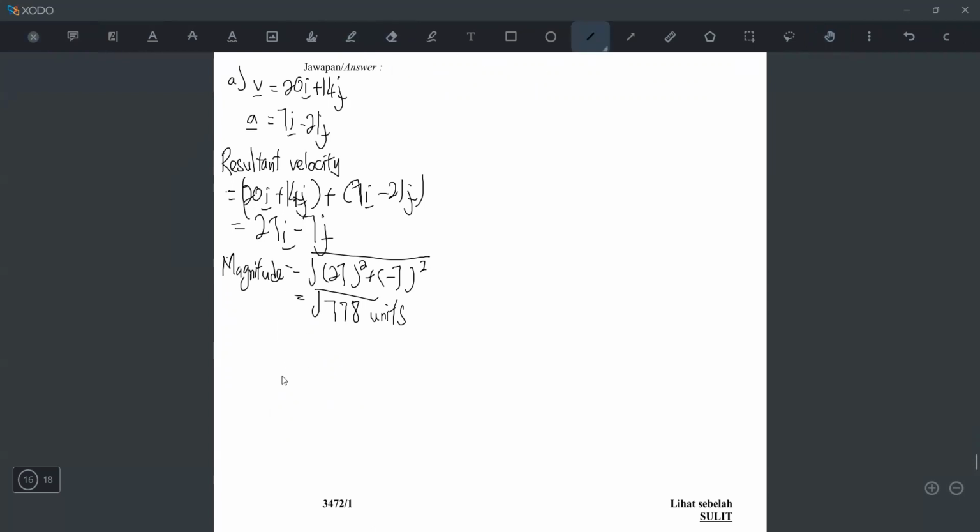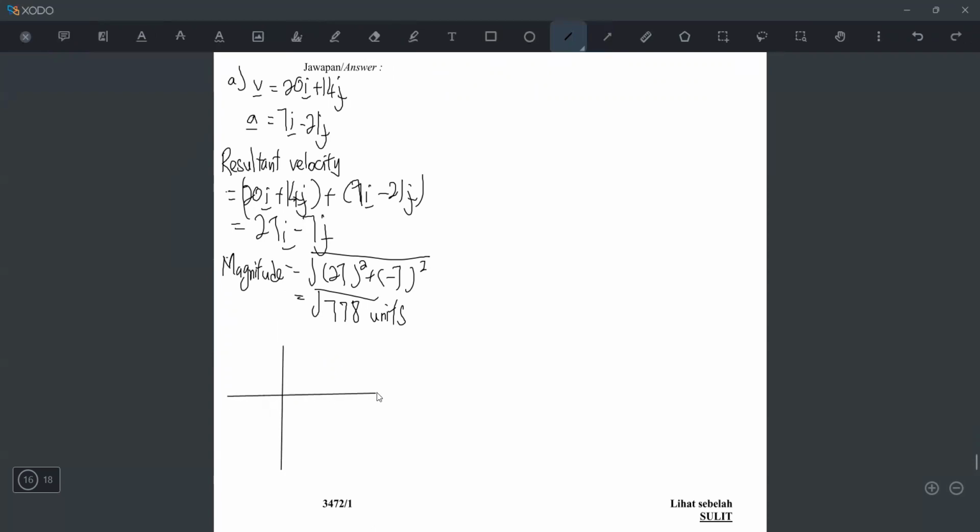We draw a Cartesian plane like this, and then this is the center. We look at this resultant, 27i minus 7j, and ask whether I'm moving to the left or right, or up or down. It's to the right, because this is for left-right movement. So I'm moving right 27, and then I'm going down 7. So my coordinate here will be 27, negative 7.